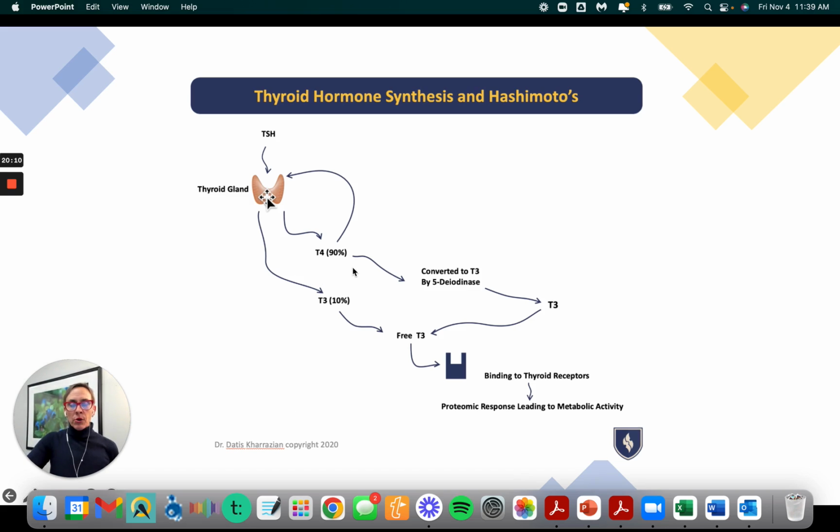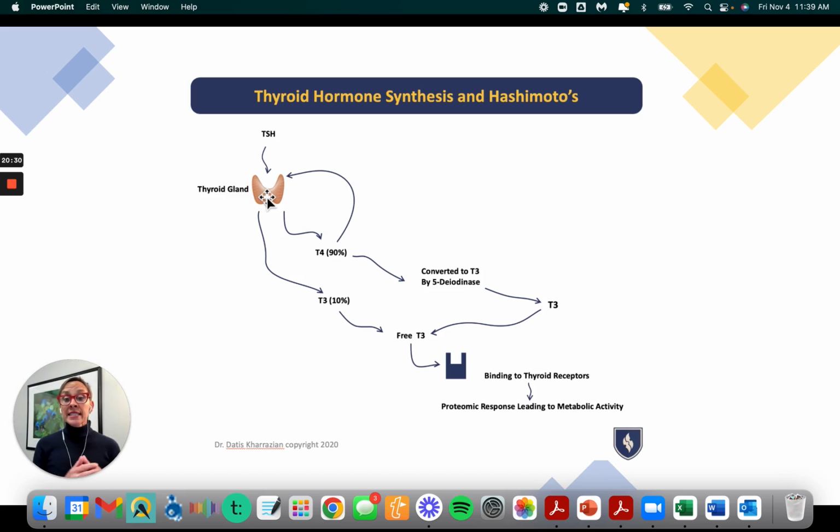Also, really important here, 90% of the thyroid hormone that comes out of the thyroid gland is in the form of T4. Not a lot of it is T3. So T4 has to be converted to T3, and it's done so by this enzyme called 5-deiodinase.